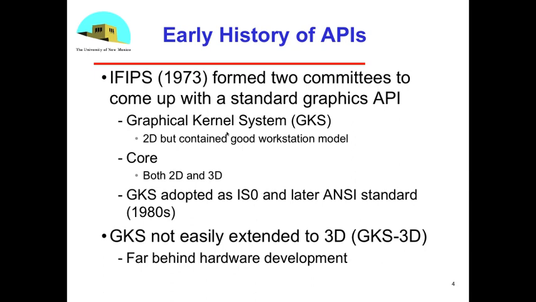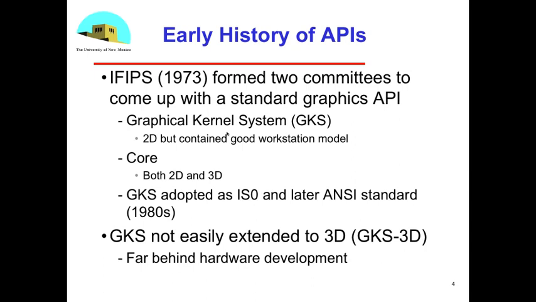One, primarily in Europe, came up with the Graphical Kernel System, GKS, which was a 2D-only system, and a group that was primarily North American came up with a 3D standard that also had a 2D part, which was called the Core standard.